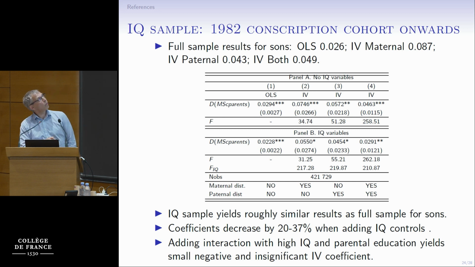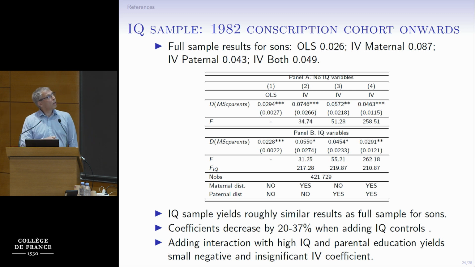And so you can see how we had an OLS coefficient of 0.026, now it's 0.029. We had an IV estimate with maternal distances of close to 9%, now it's 7.5%. Paternal distances, it was 4, now it's 5.7. And finally, the one using both parents' distances are very close. So it seems we're sort of in the same ballpark, although this is a selected sample time-wise.